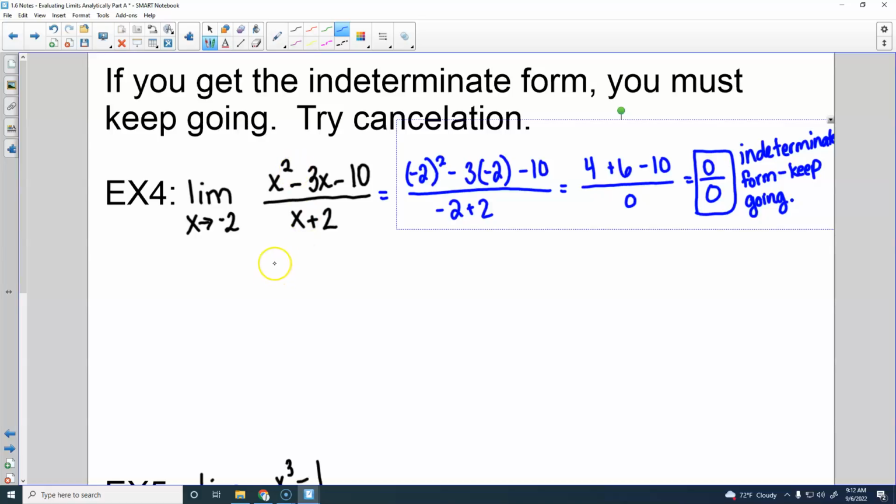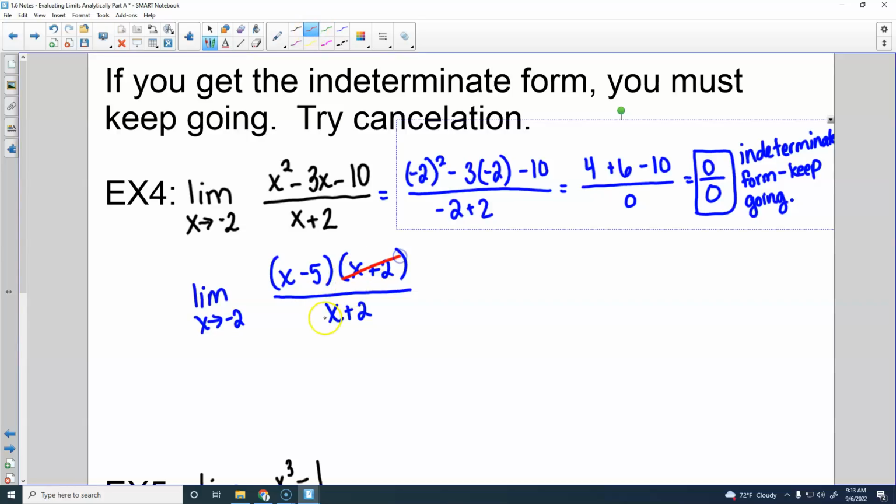So you may be tempted to factor like so, and that'll factor -5, +2, and then just keep answering the question. But right here, I have not plugged in a number, so I have to write the limit as x approaches -2. It is required that you still write that limit notation.